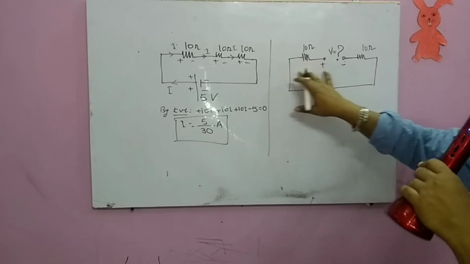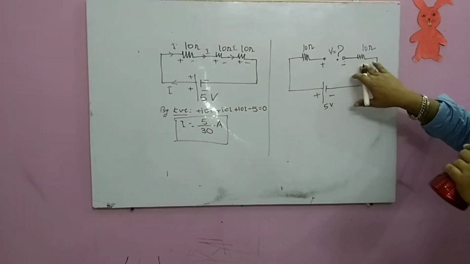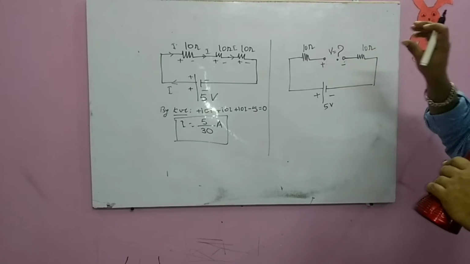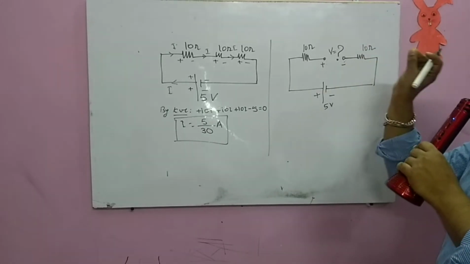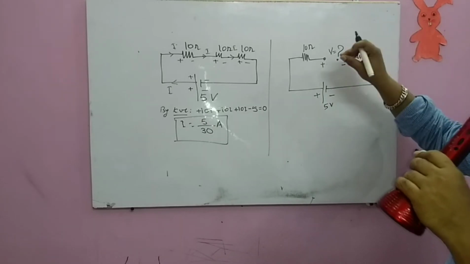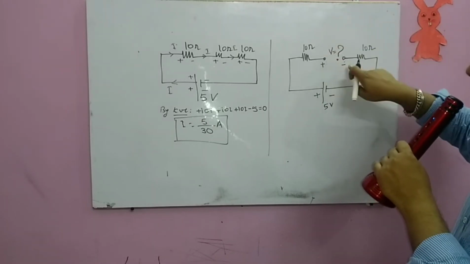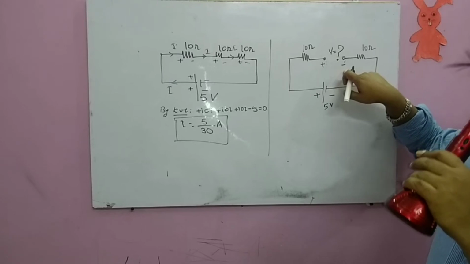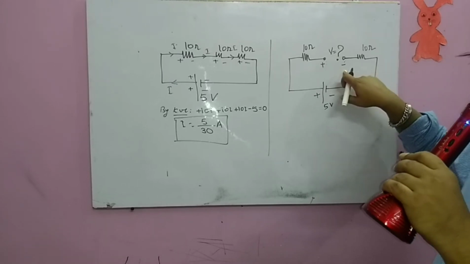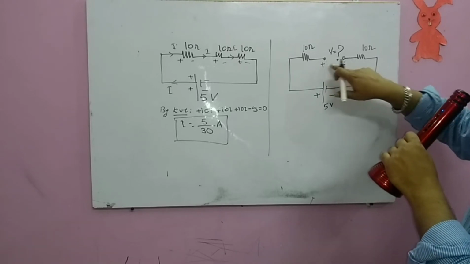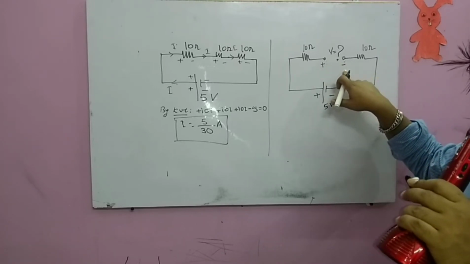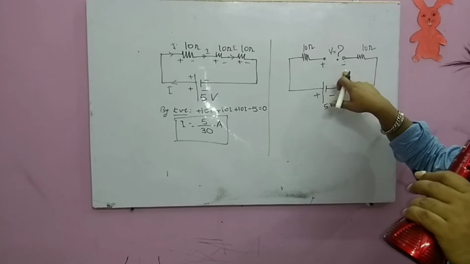You can remove this one, this one or this one. You are free to remove any one of the resistors, and you are asked to find the voltage across the open circuited terminal, the terminal from where the resistor was removed.